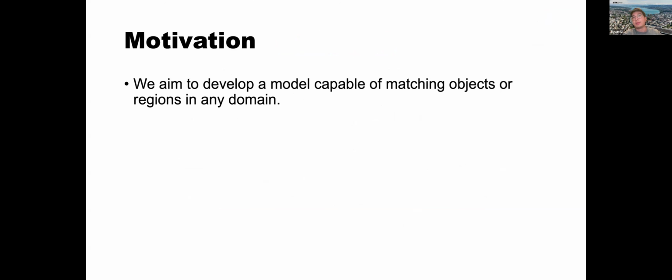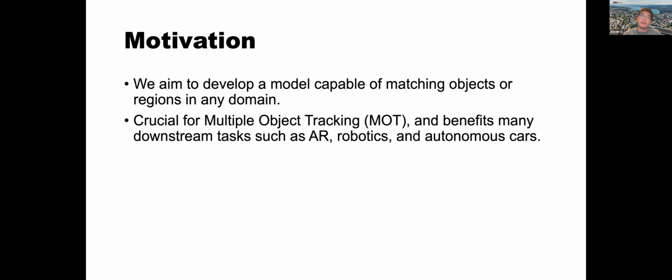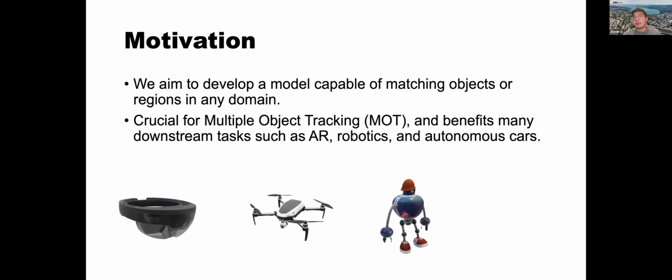For example, for tracking, you need to generalize the model to different types of objects, and hopefully any domain where the tracker can work. This is very crucial for the success of multi-view tracking, and it will benefit many downstream tasks such as AR, robotics, like drones and autonomous driving cars.